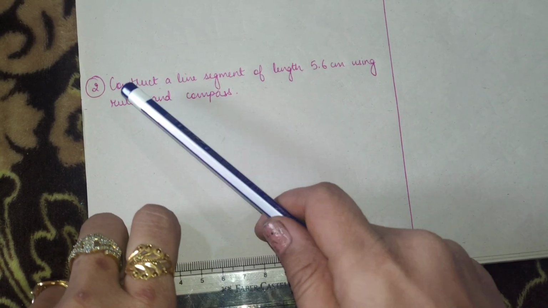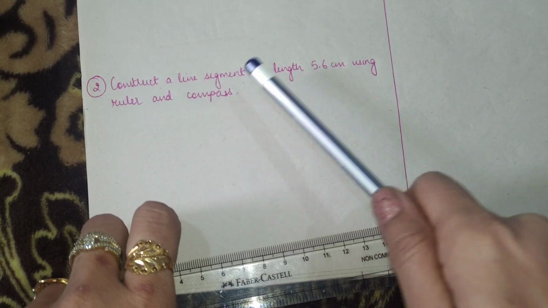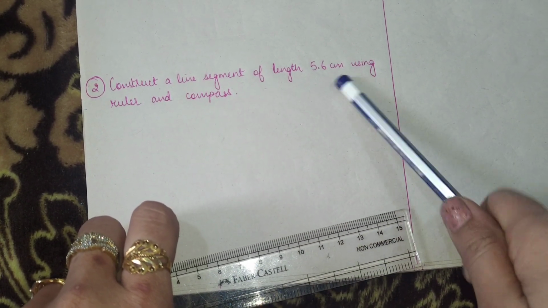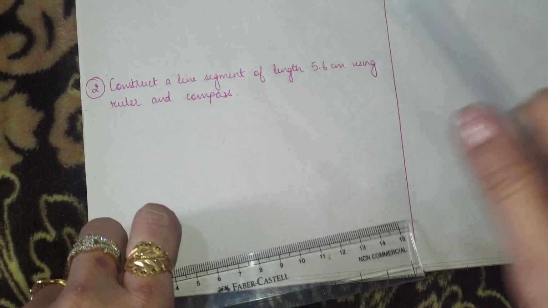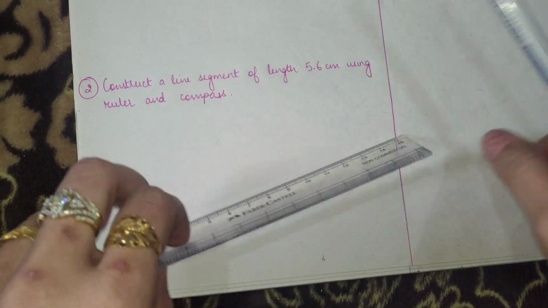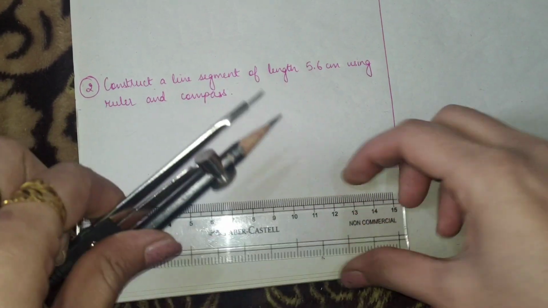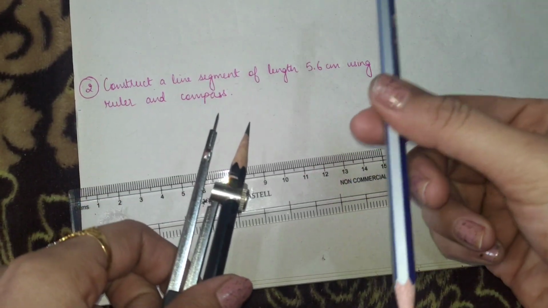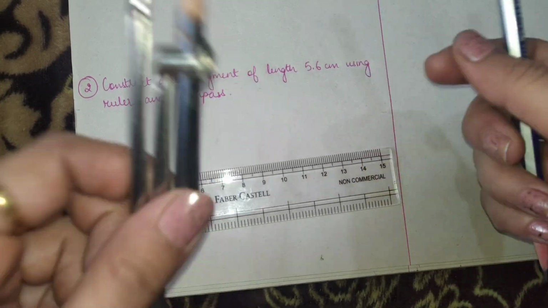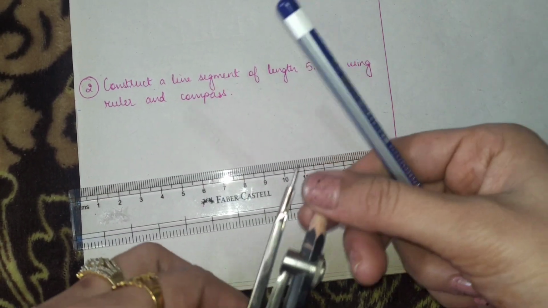Here it says construct a line segment of length 5.6 centimeter using ruler and compass. So for that you will be requiring compass and a ruler and pencil. If you want to use a separate pencil you can use it, or you can still use the same pencil.